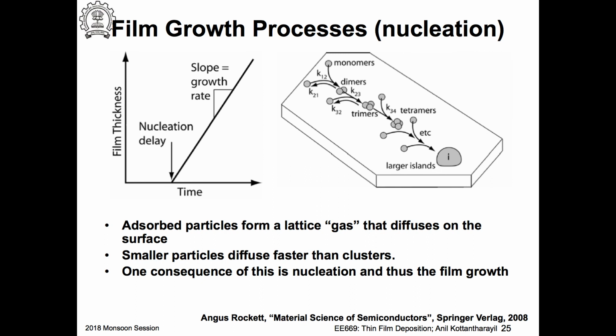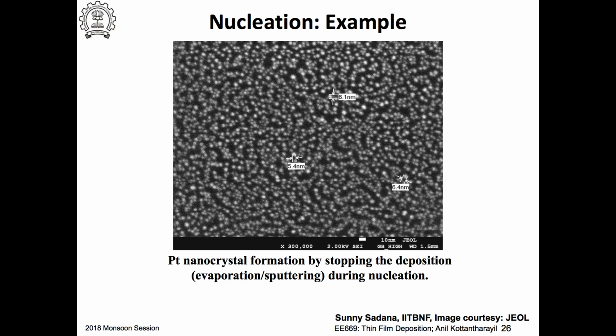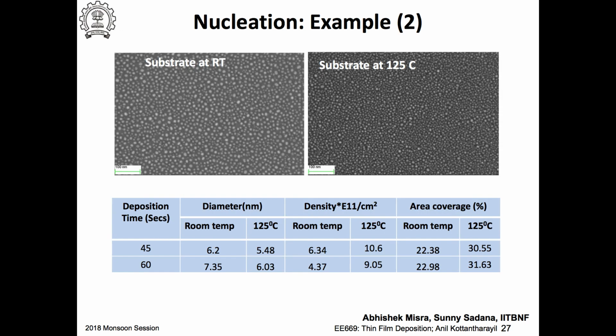These are platinum metal nanoparticles, and depending on the substrate or conditions, one deposition is done at room temperature. This is at 125 degrees centigrade. So you find a larger density of particles here, for example. Depending on the substrate conditions, you can have different results.